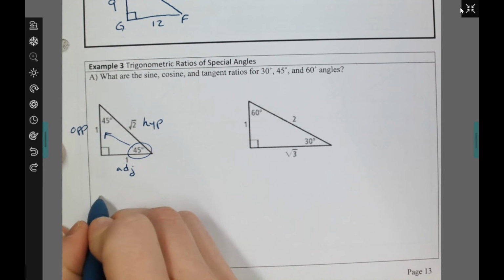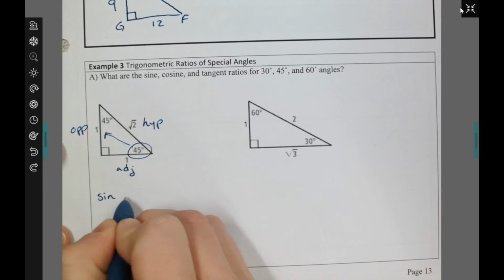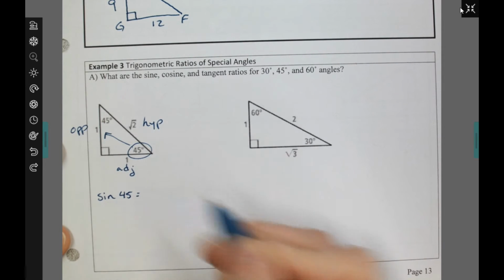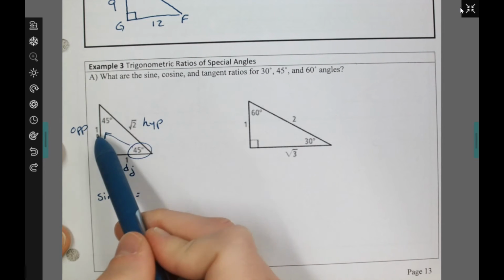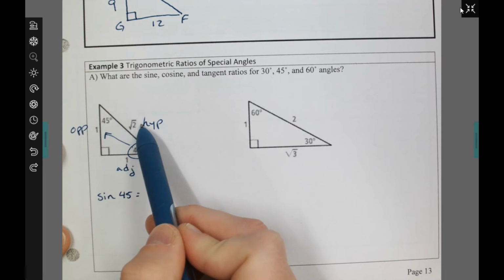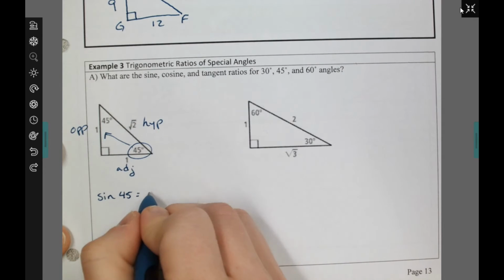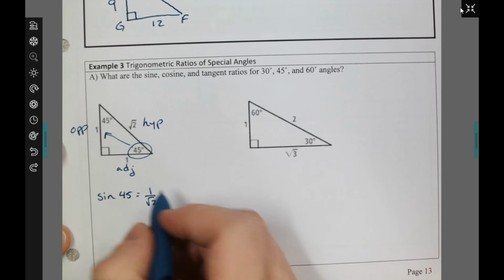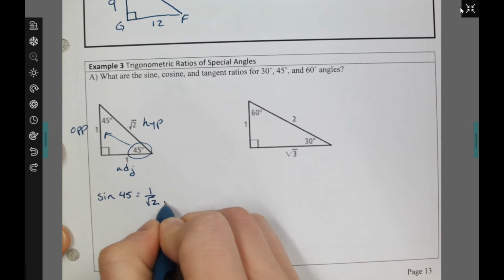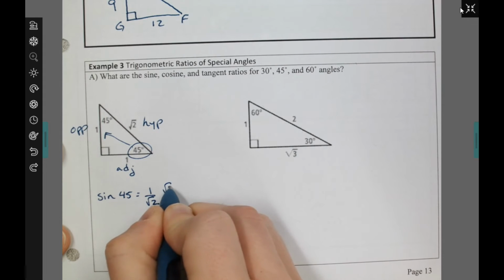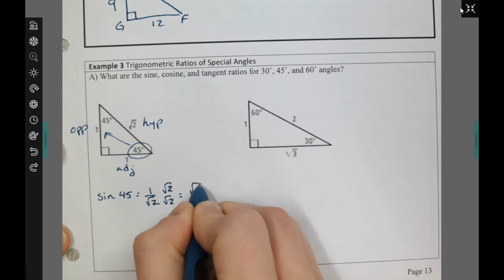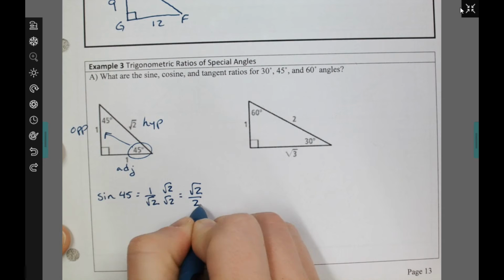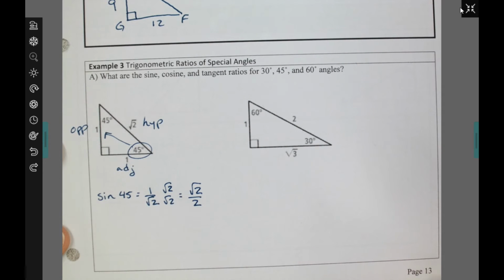The sine of 45 is going to equal opposite over the hypotenuse, so I got 1 over the square root of 2. We can't leave it like that. You have to multiply both bottom and top by square root of 2, giving us the square root of 2 over 2. That would be our sine.